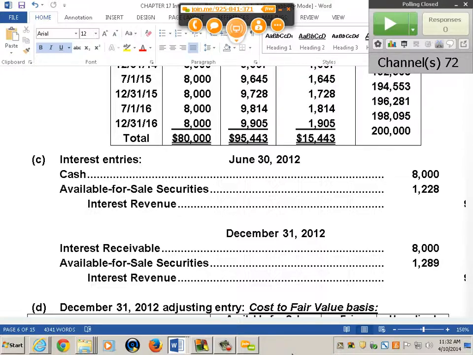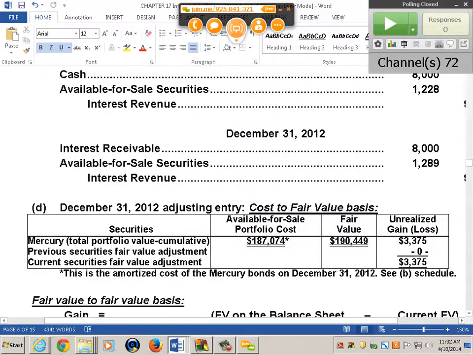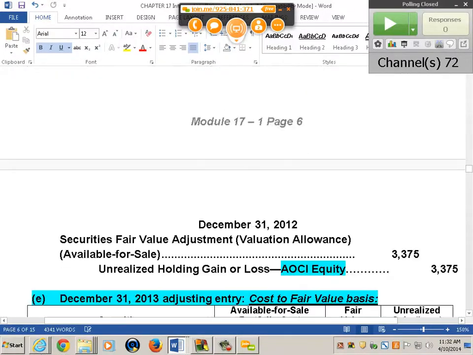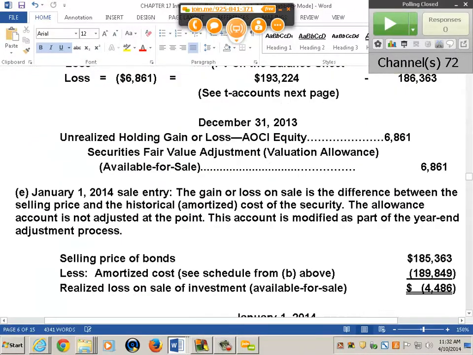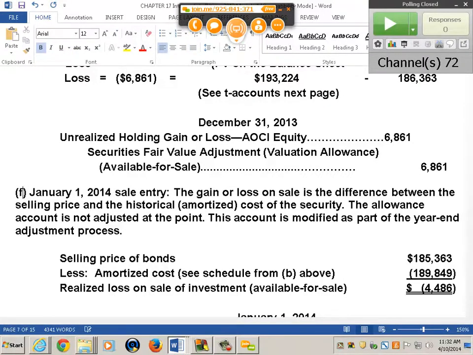Now, let's get to the sale. I know Courtney already mentioned what's going to happen, so I will say that again. This actually is part F; there's a typo there. When you sell a security, think about collecting a receivable. When you collect a receivable, do you go to the allowance account and do anything with it?